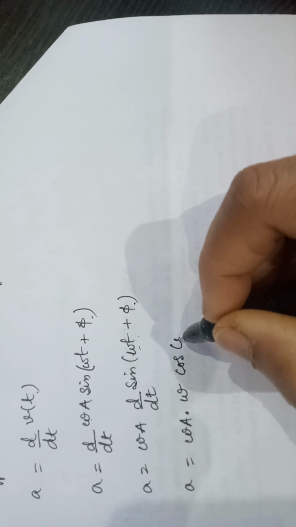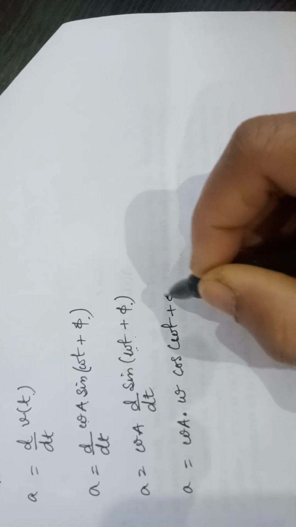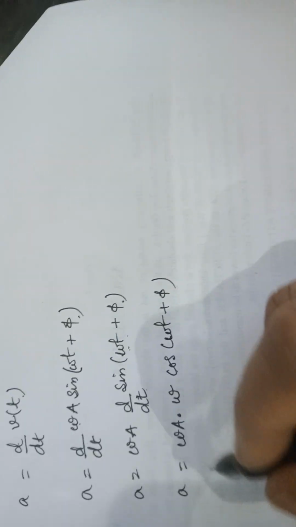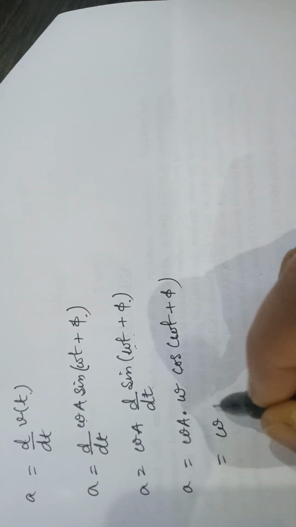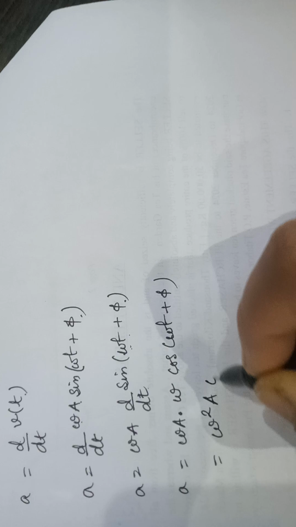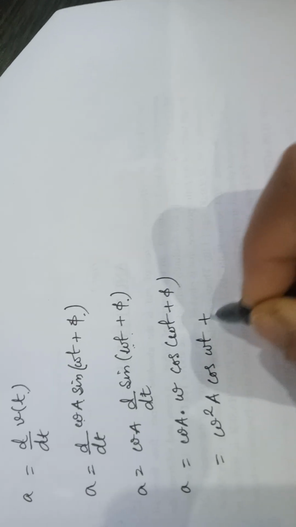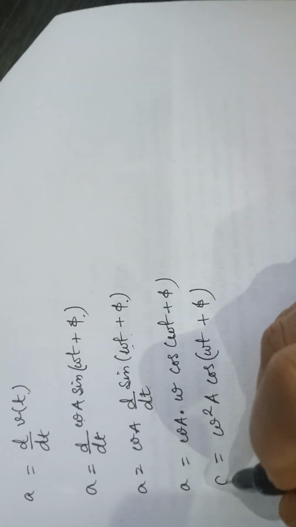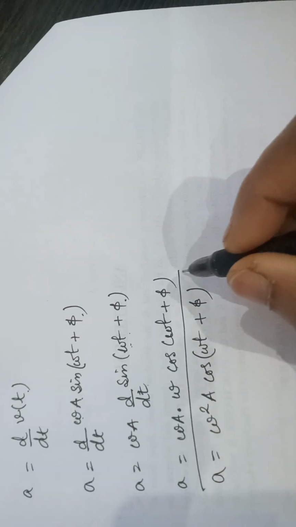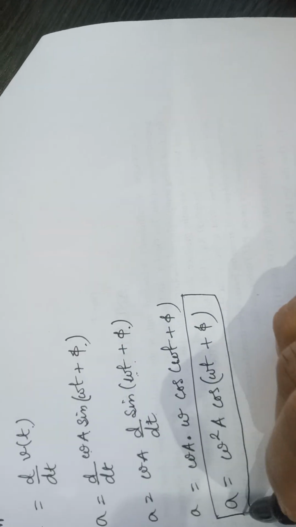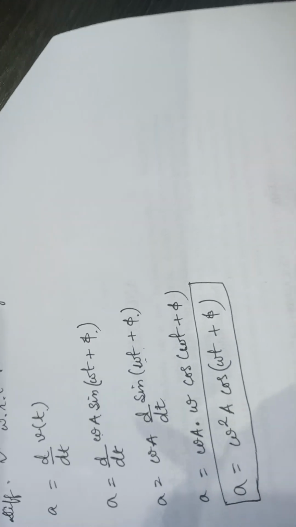So cos(omega t plus phi). Okay, so it gives us minus omega square a cos(omega t plus phi). So this is the expression for acceleration of the simple harmonic motion.